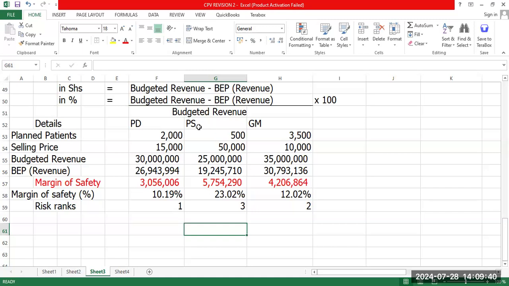In short, PS is less risky. This one is less risky. But this one, so risky.